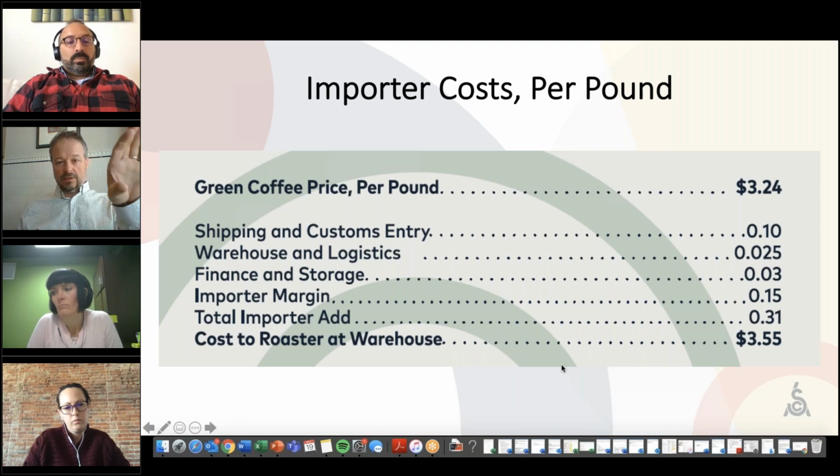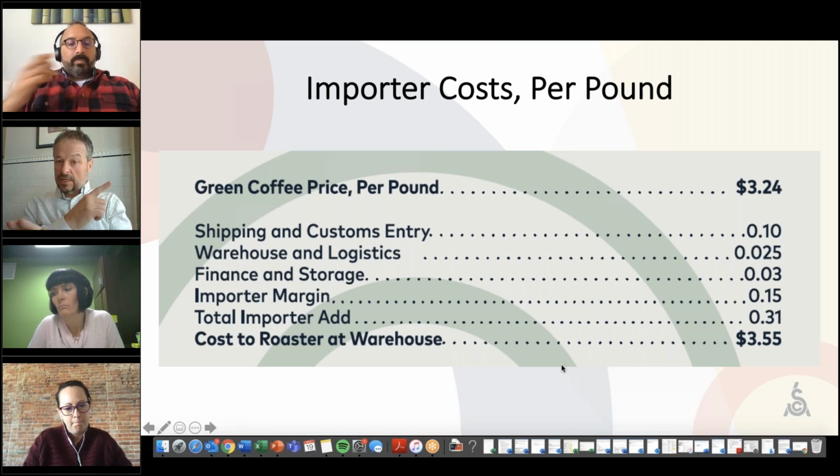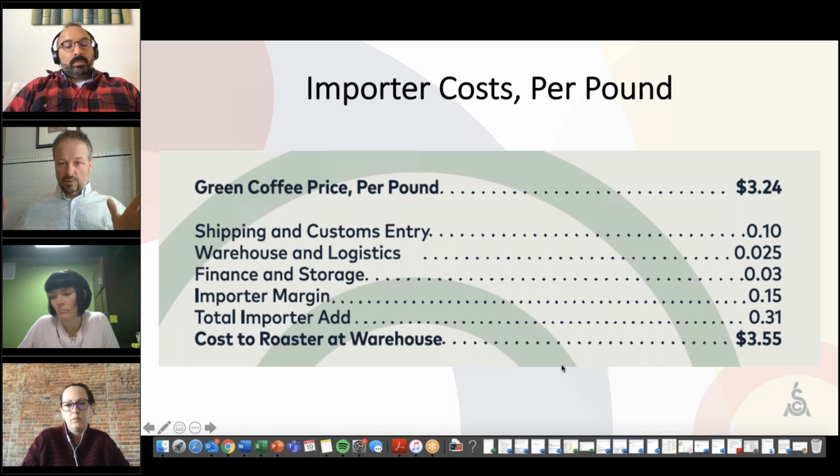At the time that container crosses the rail of the ship and lands on the ship, the ownership and the liability for that coffee transfers from the exporter to us and the shipping line, in essence, right? So we buy insurance that's called maritime insurance, which covers anything that could happen while that coffee's on a boat in possession of that shipping line.